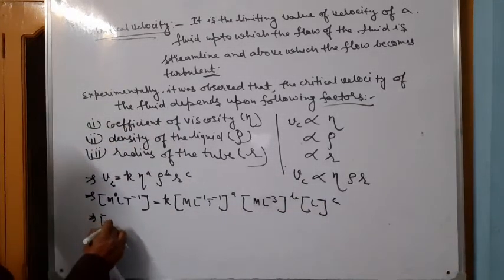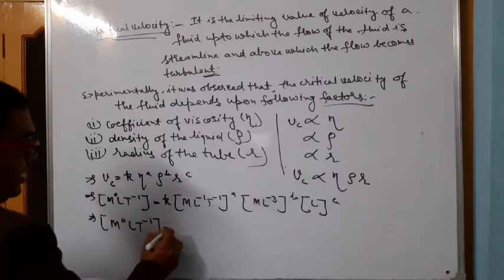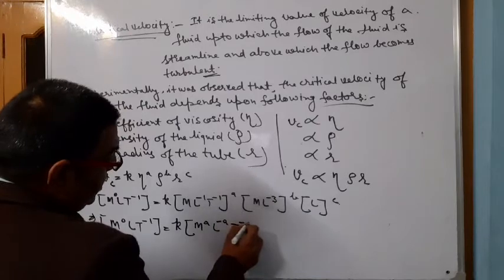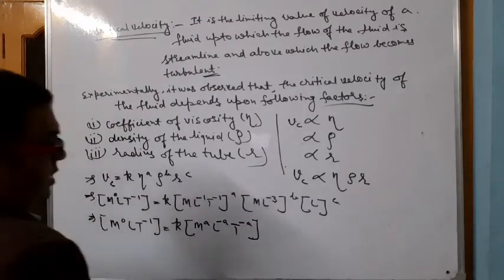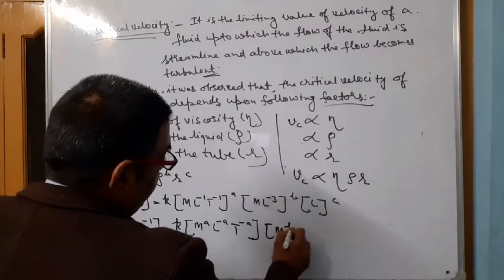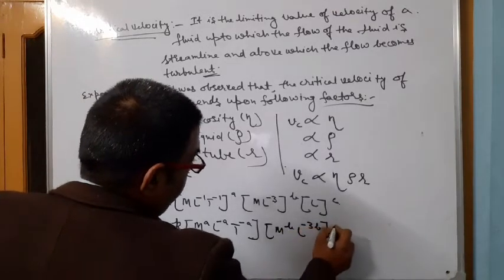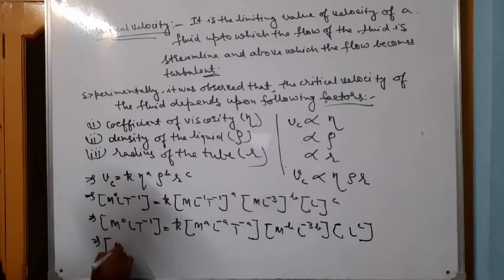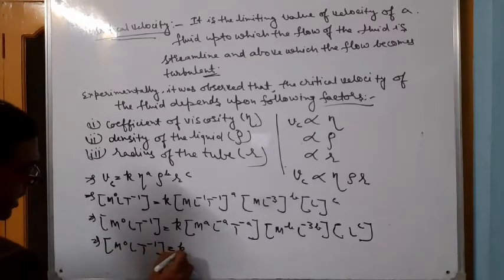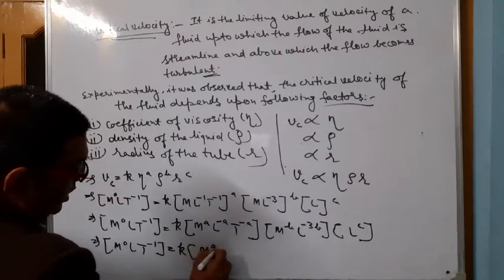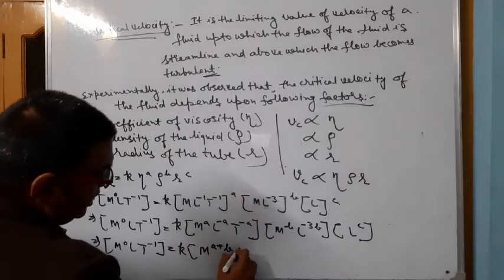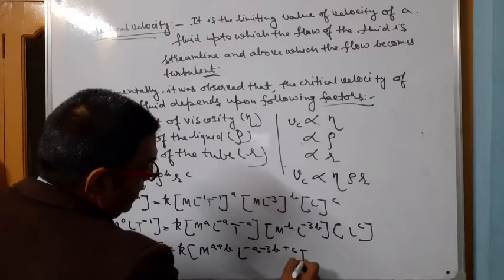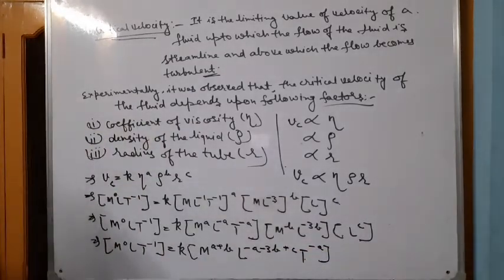And from here we can write it as M^0 L T^-1 equal to K, M^a L^-a T^-a, M^b L^-3b, and L^c. Clearly, we can write it as M^0 L T^-1 equal to K, M^(a+b), since bases are same, exponents are added, L^(-a-3b+c) and T^-a. These things we had written.